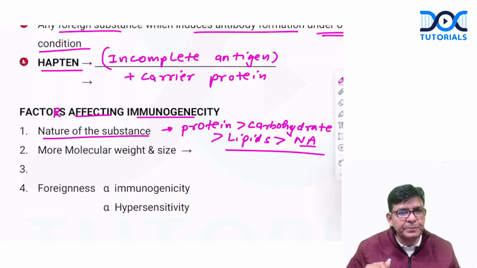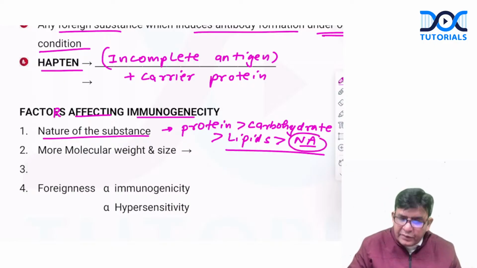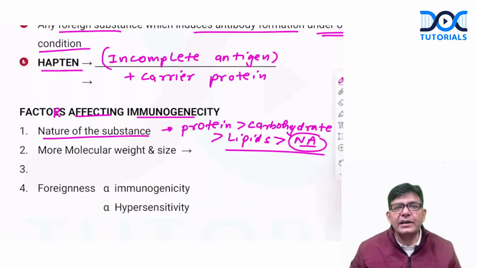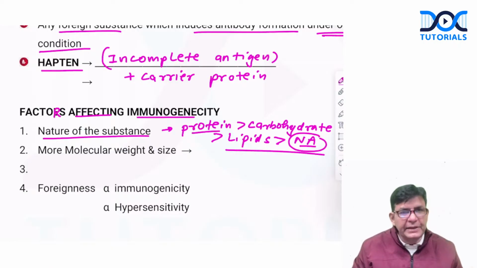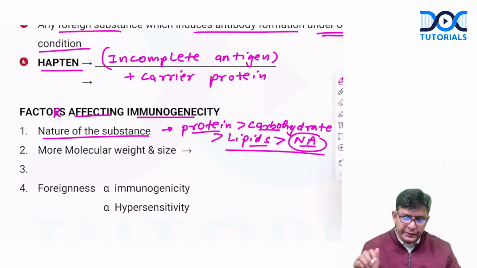And what is that disease? That disease is SLE. Okay. So actually it is good for us that they are poor antigens. Otherwise, it's a big problem for us, guys. Right? So that is the story. Proteins are the best antigens. Second number is carbohydrates. Third is lipids. And the fourth one is nucleic acid. So that you should know first of all.